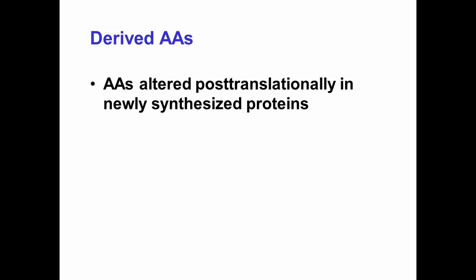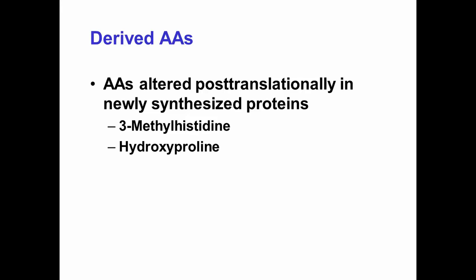Okay, other things that we know about amino acids. We've got derived amino acids that are post-translationally changed in a protein structure. So you make a protein, and then when we're finally packaging them, we will change an amino acid in the structure of the protein, like we'll methylate histidine. 3-methylhistidine is an amino acid found in the muscle protein actin, not just in muscle, it's also in intestine.